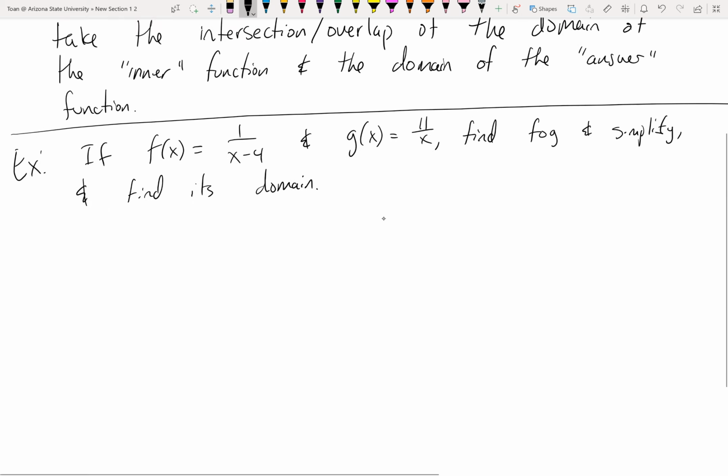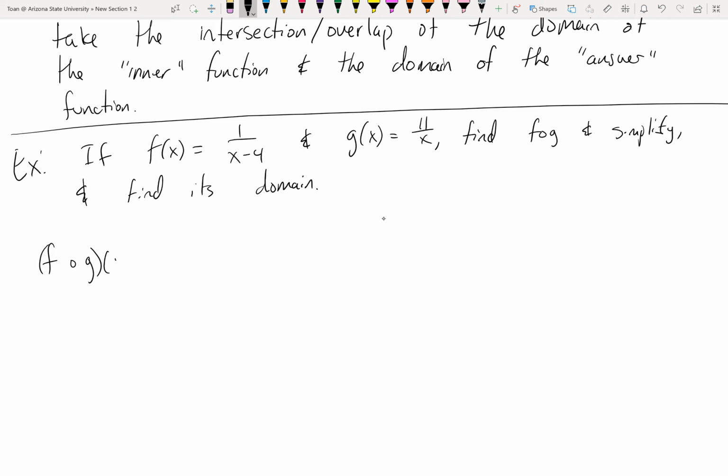So by now, I'm pretty confident you guys can do the actual composition. It's just substitution. What I wanted to talk about was the simplification part and the domain part. So let's do this problem then.